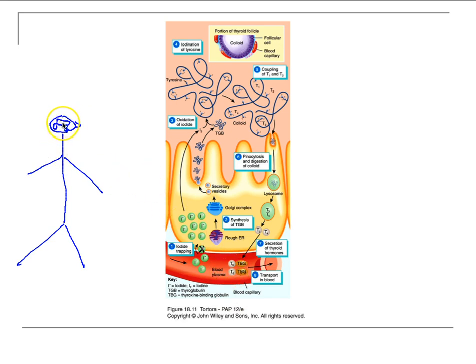What has to happen is thyroid releasing hormone, TRH, has to target the anterior pituitary gland, because inside of here you have thyrotrophs, thyrotrophic cells, and those thyrotrophic cells, when stimulated by thyroid releasing hormone, okay, increase the amount of thyroid stimulating hormone.